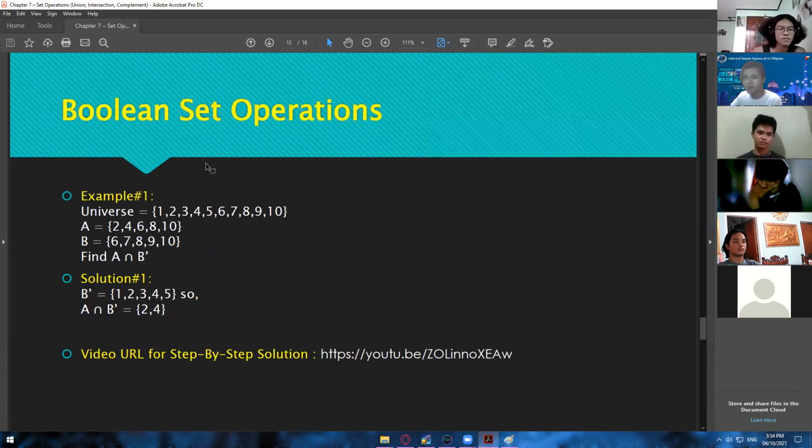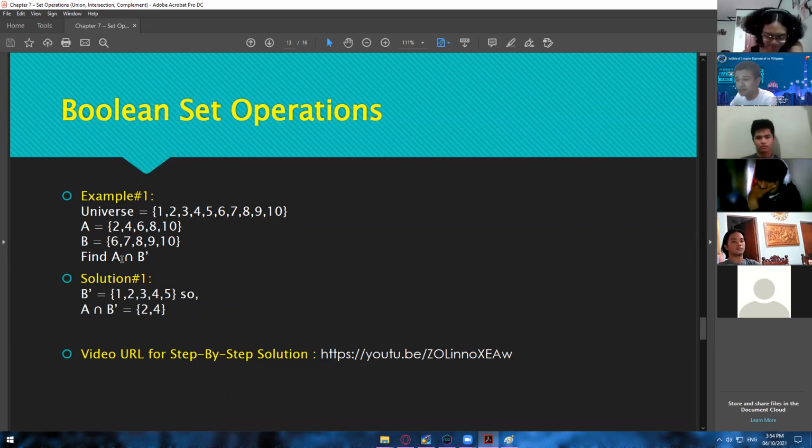So let's now proceed with the Boolean set operations. In here we have the universal set, or universe, equal to 1 to 10. And we have a set A, which is 2, 4, 6, 8, 10, and B is equal to 6, 7, 8, 9, 10. So find A intersection B complement. This one will take you a little bit longer, but it is also super easy.